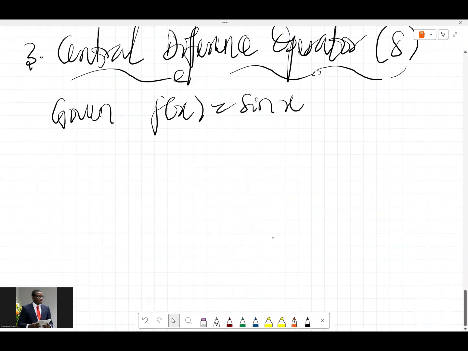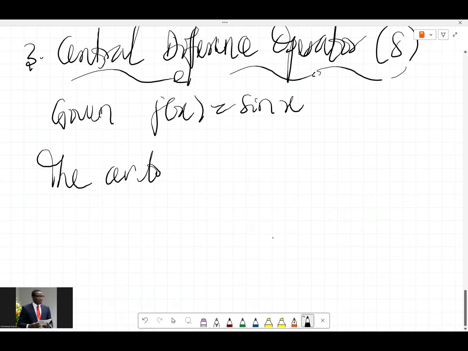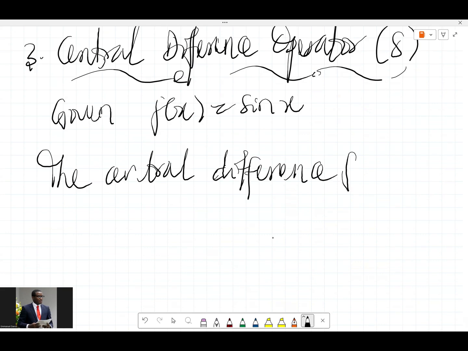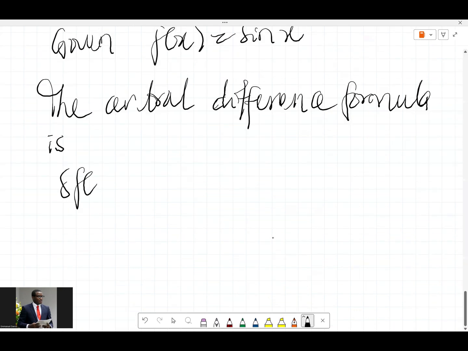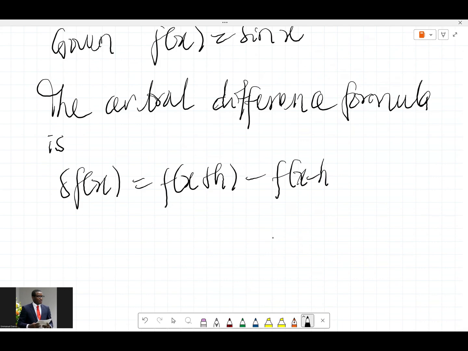The central difference formula is delta f of x, which is equal to f of x plus h minus f of x minus h.